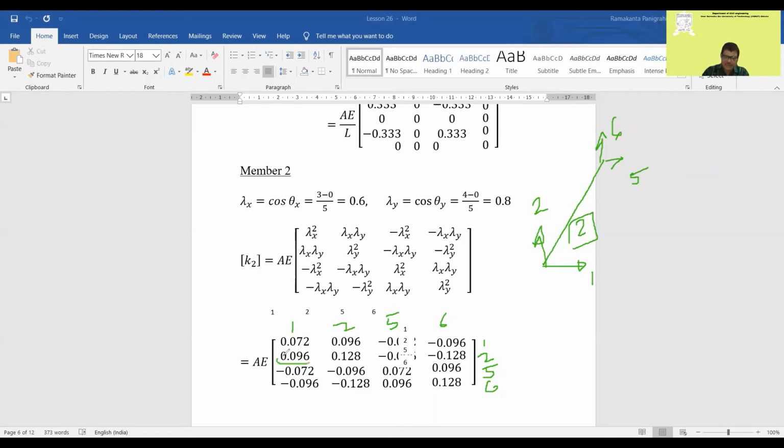What is this element? This is K12. What is this element? K56. You have to understand. Now in this matrix, put the values of lambda x and lambda y: lambda x is 0.6, lambda y is 0.8. Just multiply these and write all these coefficients. You will find this diagonal line.